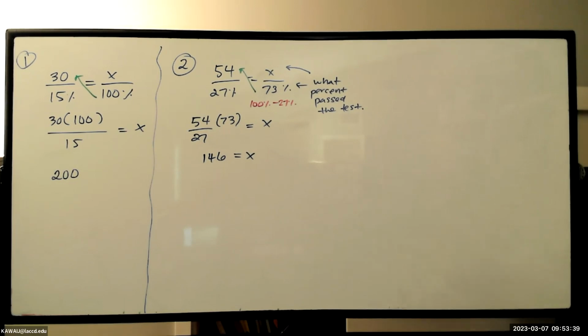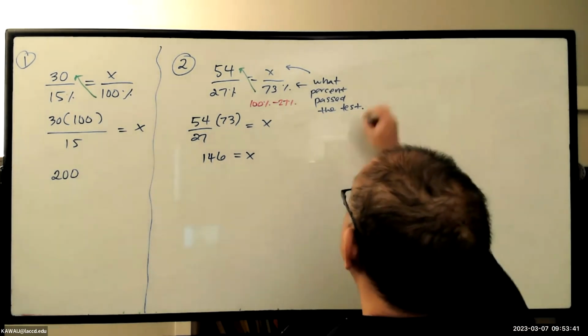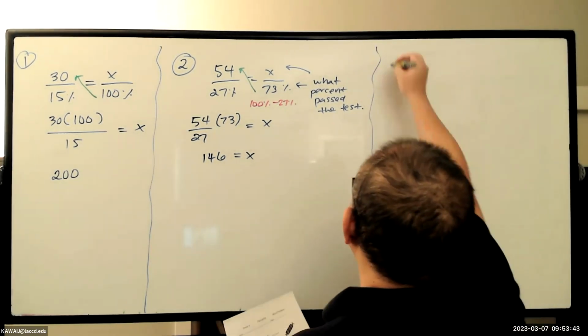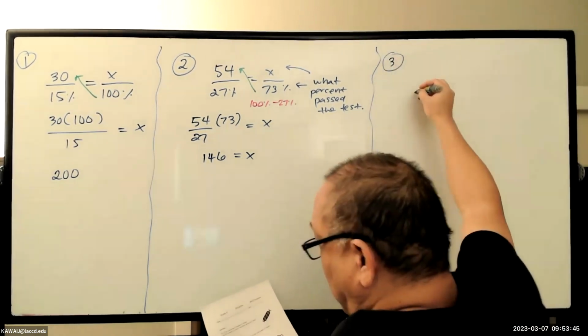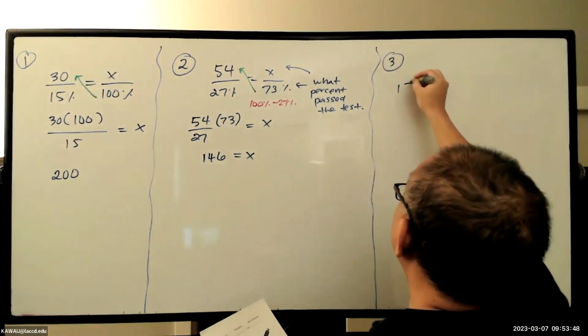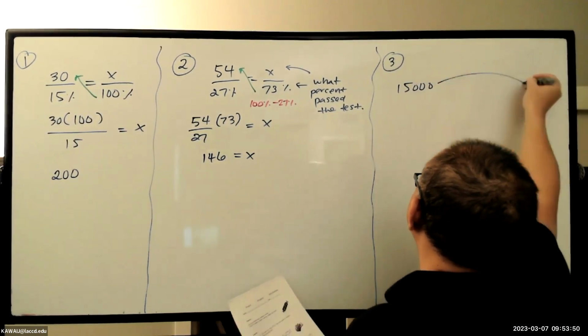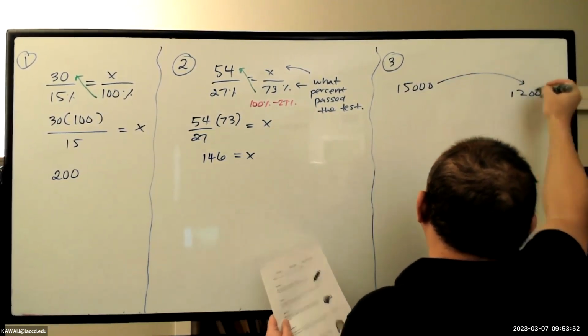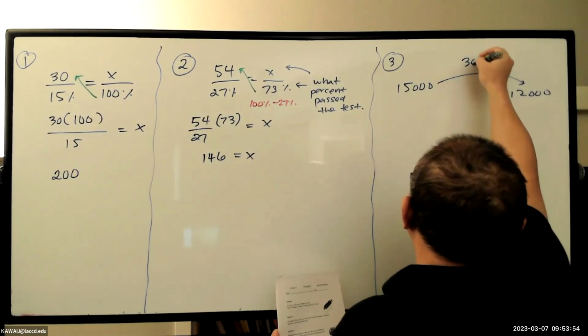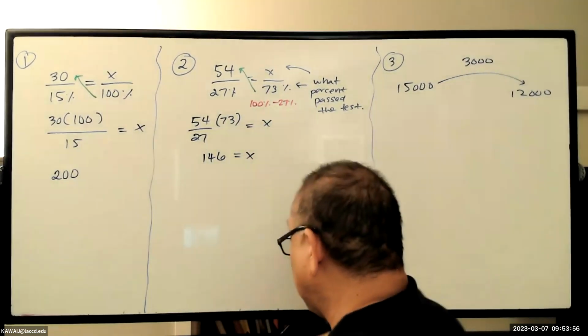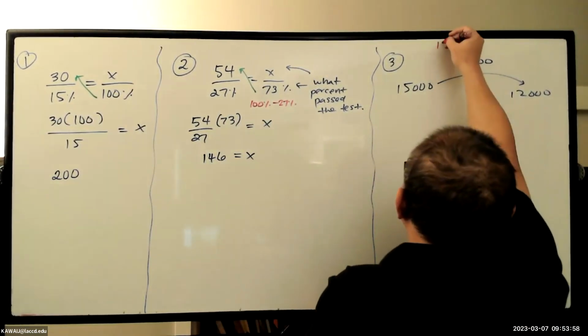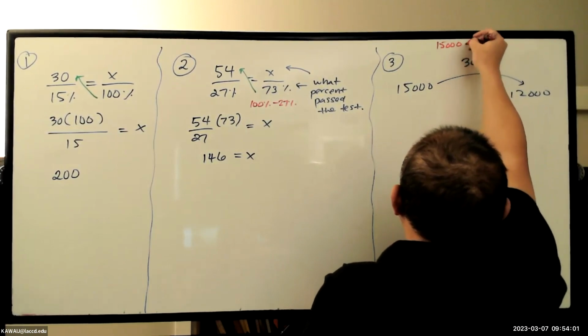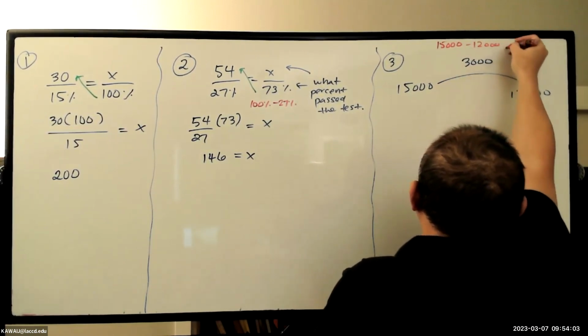So on this one, number 3, we want to find the percent. We're going from $1,500 to $1,200, which means that we saved $300, right? This right here is 1,500 minus 1,200. Okay.